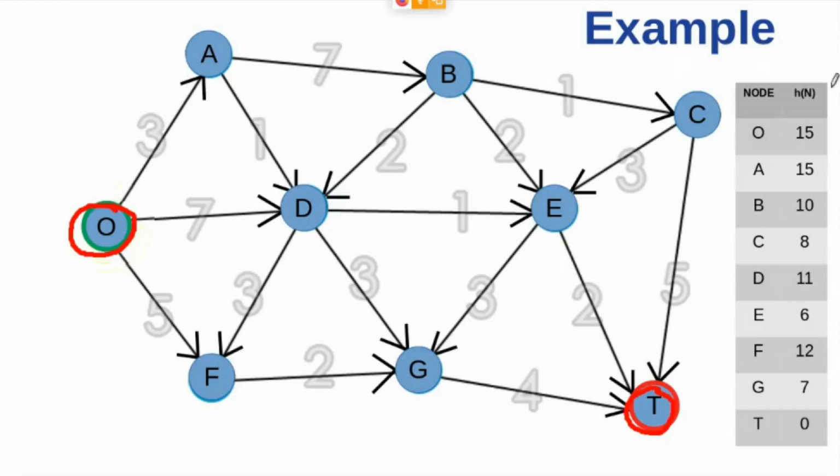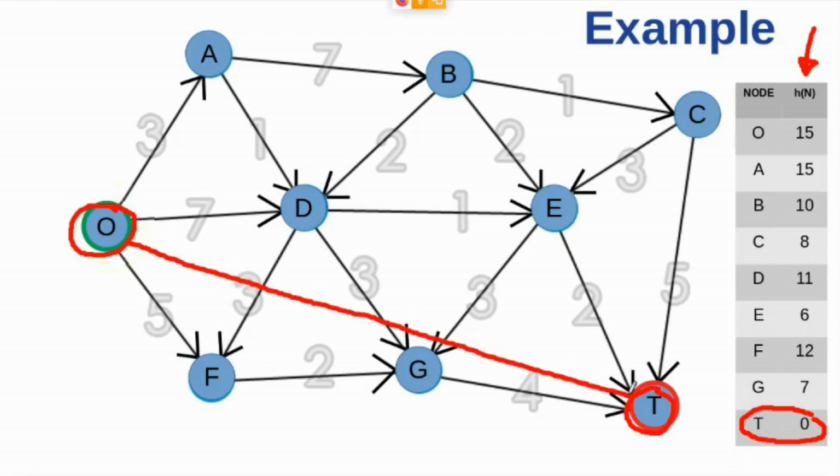On the other hand, here we have the heuristics, the heuristics corresponding to node n. As you can see, the heuristic of the target is 0, obviously. Here, the heuristic when going from O to the target is 15. That means that we suppose the cost when going this way, if you could fly, should be a 15, right?